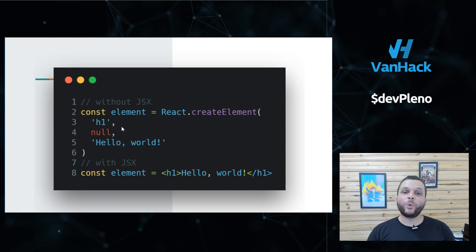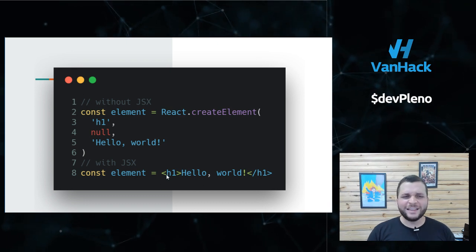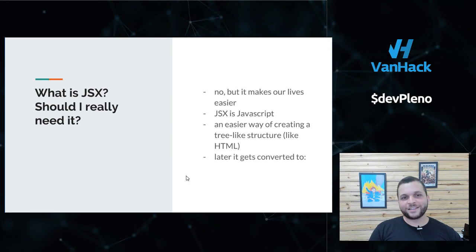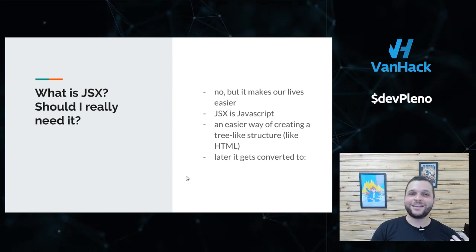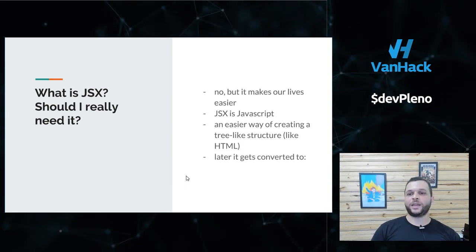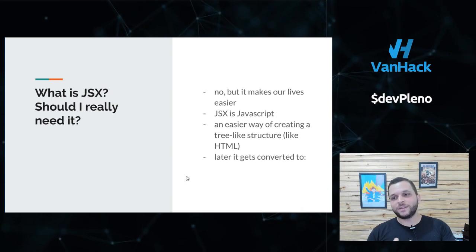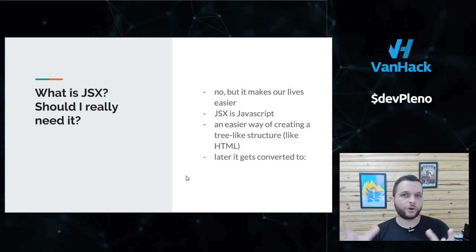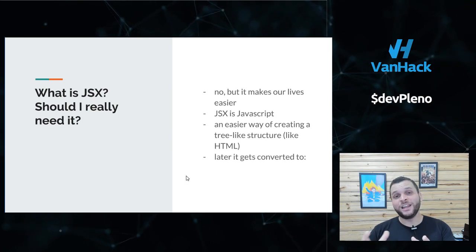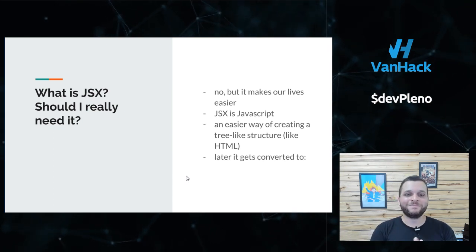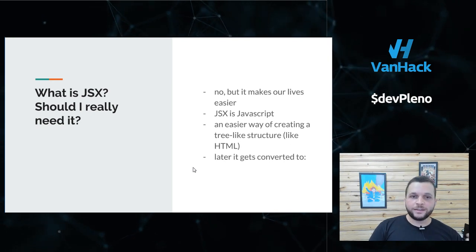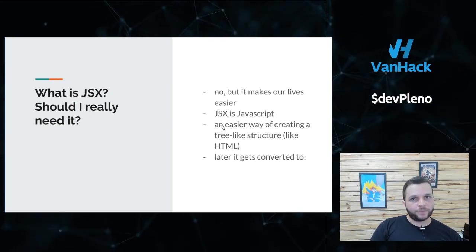But to create components, it's much easier to use this syntax. So JSX exists to make our lives easier, so we can create the same feature or component or structure using some HTML-like language. But the fact is, JSX is JavaScript.